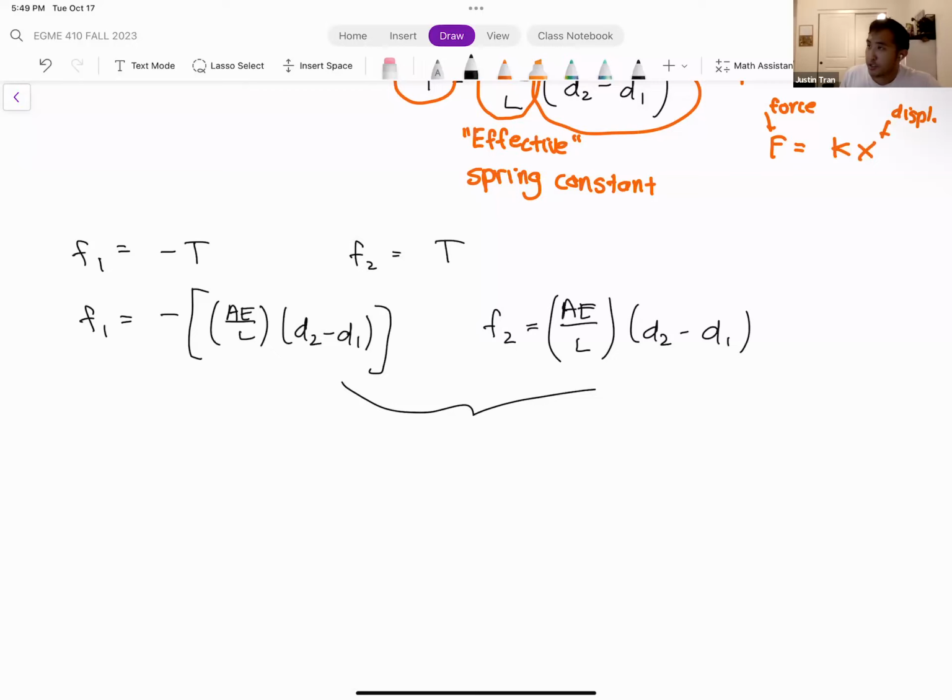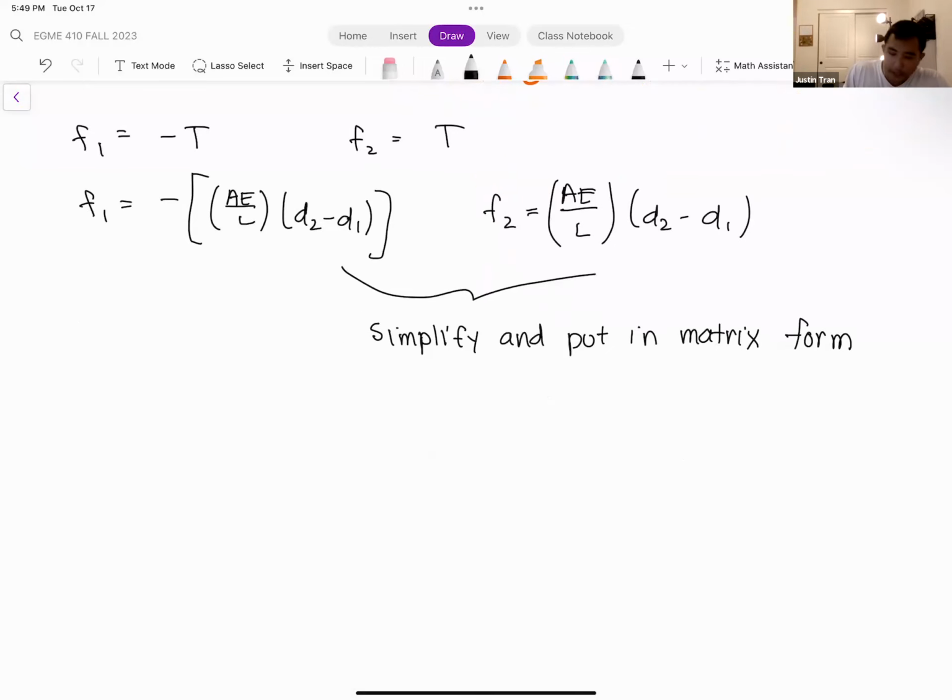Let's take these two equations, simplify them, and put them in matrix form. For the F1 equation, I'm going to distribute that negative inside, and so we have F1 is equal to AE over L times D1 minus D2.